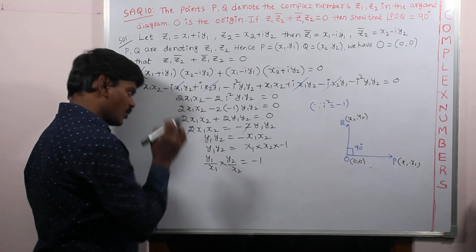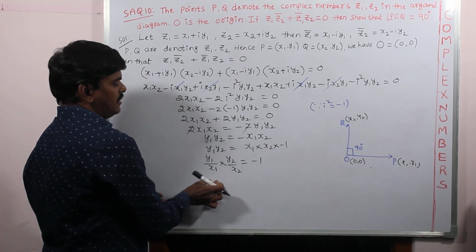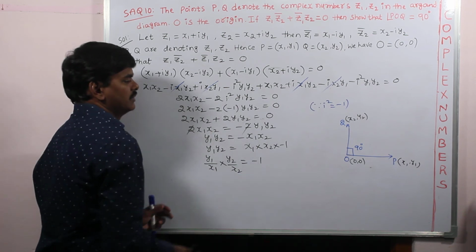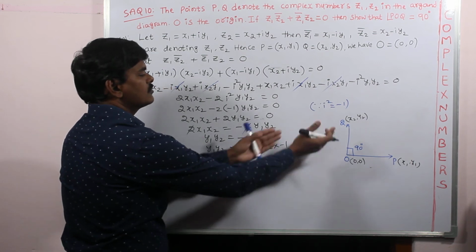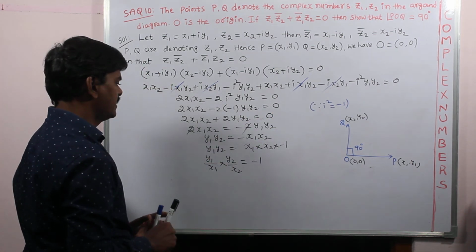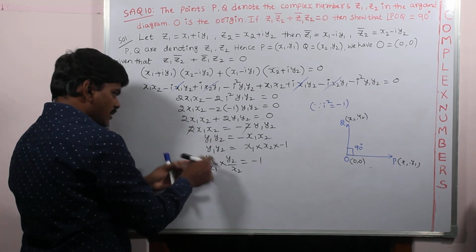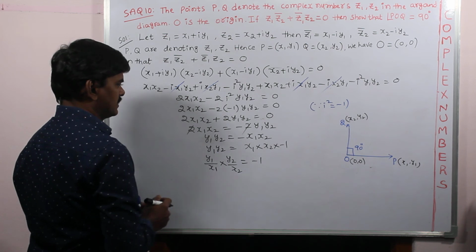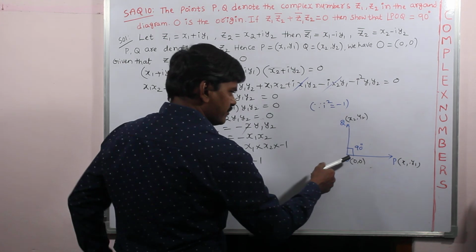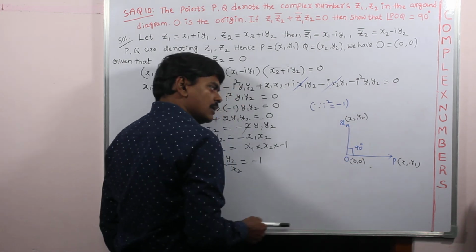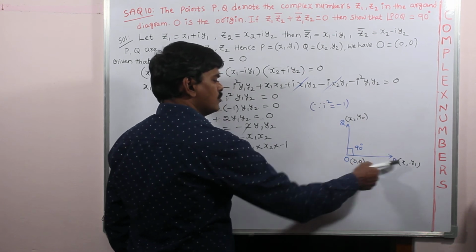So I just need to get the slope of OP and the slope of OQ. If you are able to prove the product of the slopes of two lines is minus 1, those two lines are said to be perpendicular lines. Now I need to go for creativity. Without changing values, we have to create the requirement. The slope of the line joining 2 points formula is y2 minus y1 by x2 minus x1.